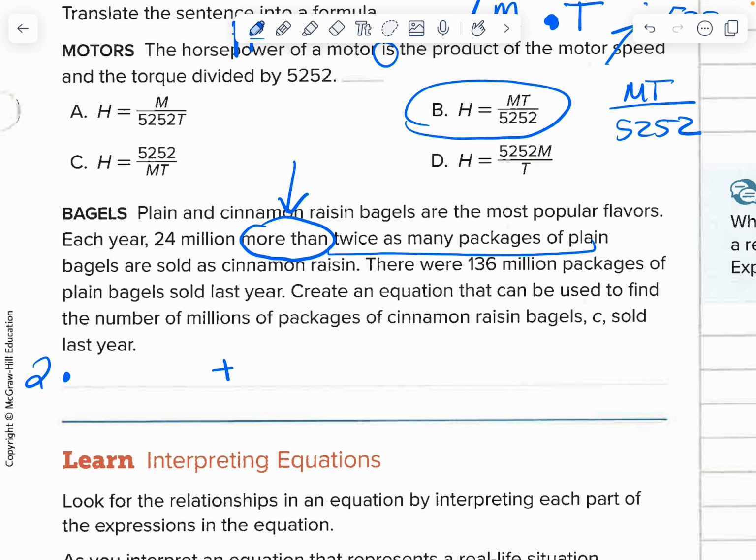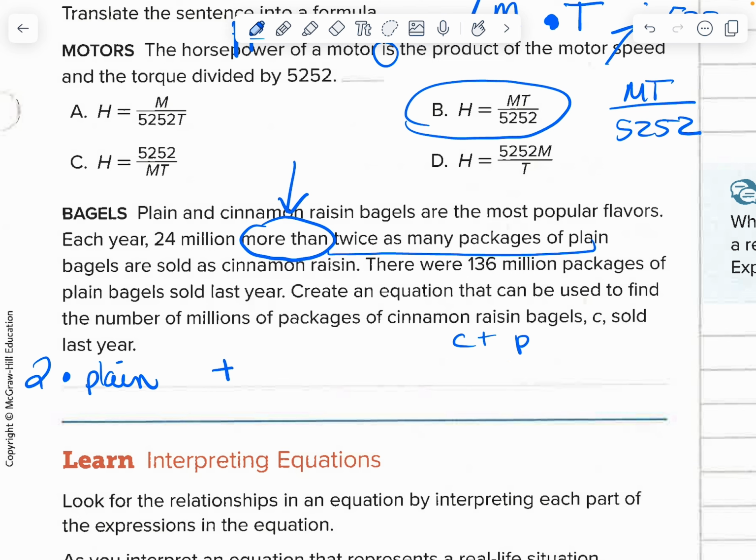Twice plain, plus, oh, before I do that, sorry.